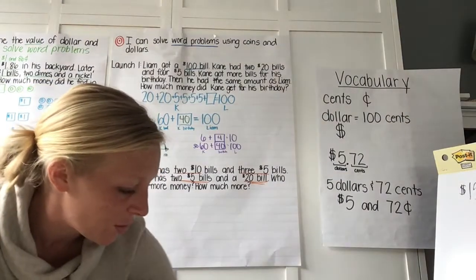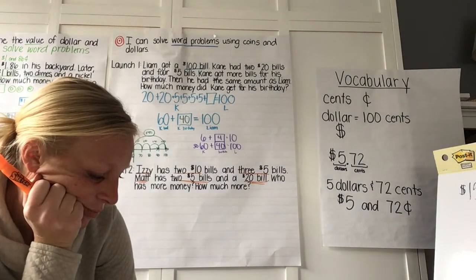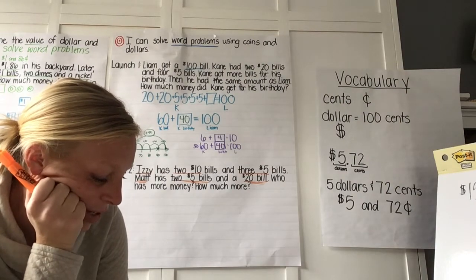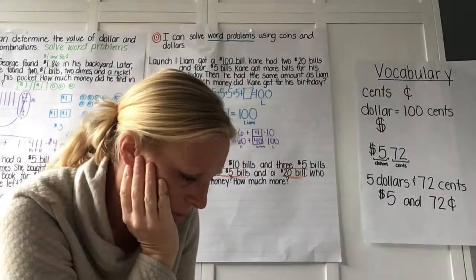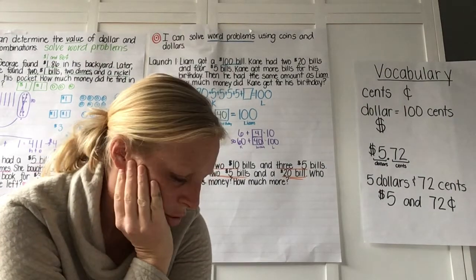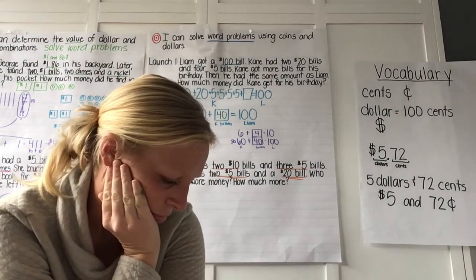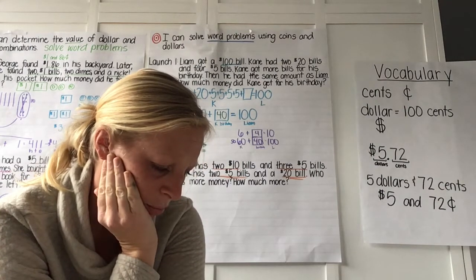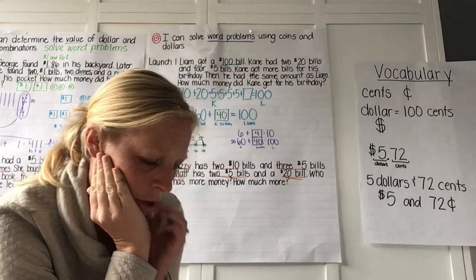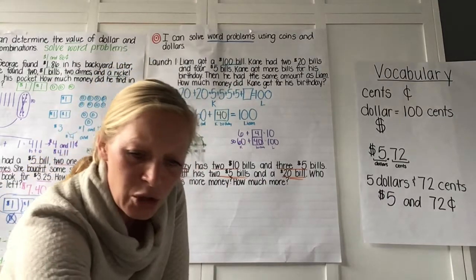What did you do first? I like how you have two groups. Okay, so what did you show under Izzy? What did you do to show Matt's work? How did you group those to make them easier to add? And what did you notice about those two groups?